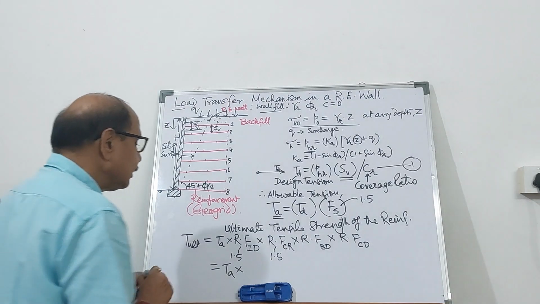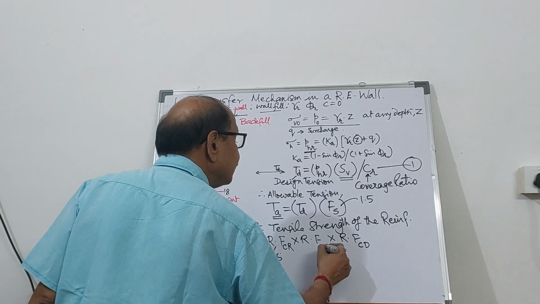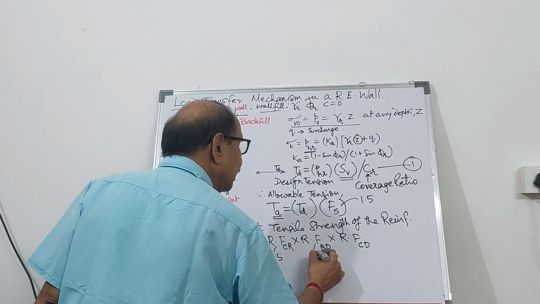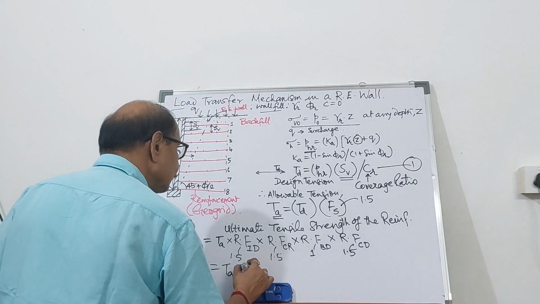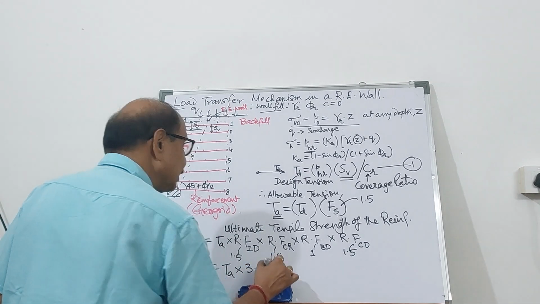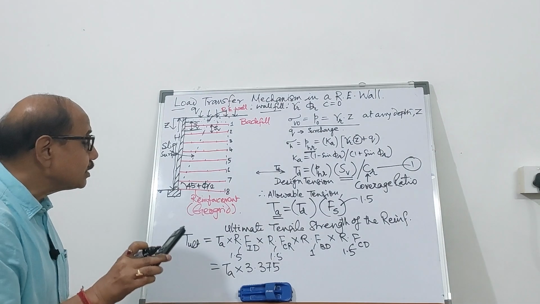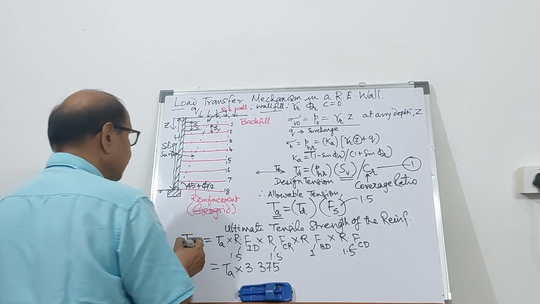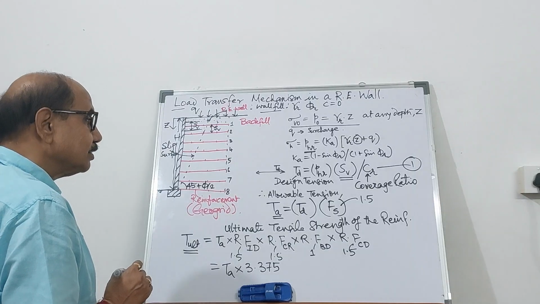So I can take, say, biological degradation as 1 and this as 1.5. Then 3.375 is the reduction factor. So you can take it, and you can find out the ultimate tensile strength.